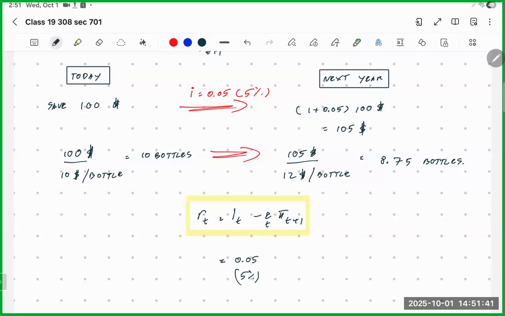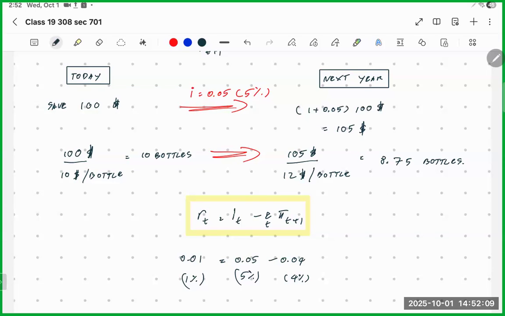If you think that next year inflation may be 4%, 0.04, then the real interest rate you're going to get is only 0.05 minus 0.04 equal to 0.01 or 1%. You got it? This is the meaning of the real interest rate. The real interest rate comes from the nominal interest rate minus what you expect about inflation in the future.